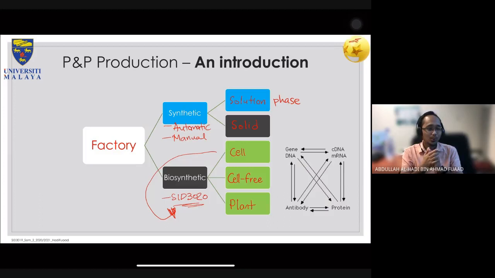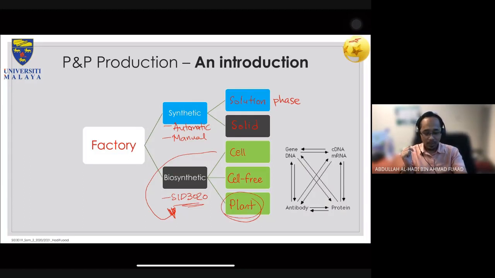Okay, so we use something which cannot feel pain. We are hoping that plants do not feel pain. Okay, so that's why plant is part of a biosynthetic approach to produce any proteins or peptides of interest.